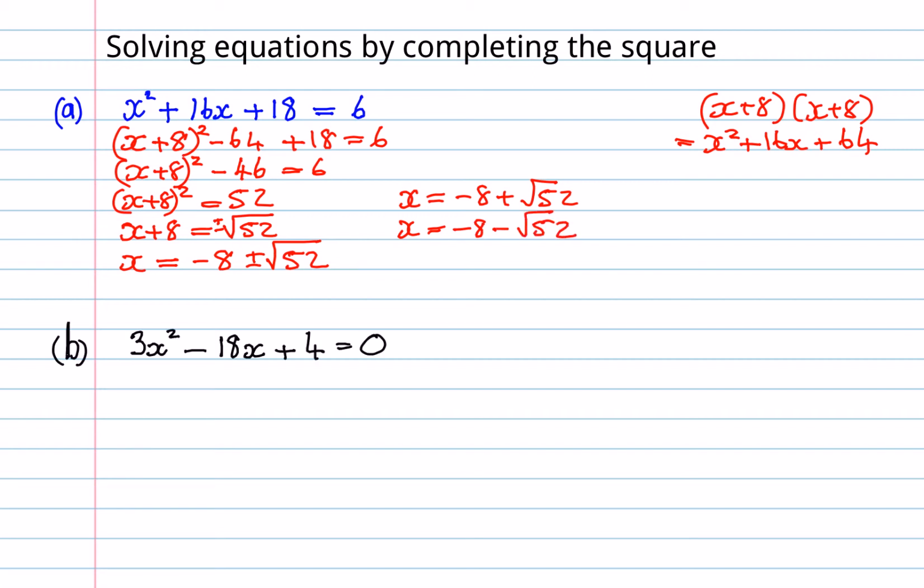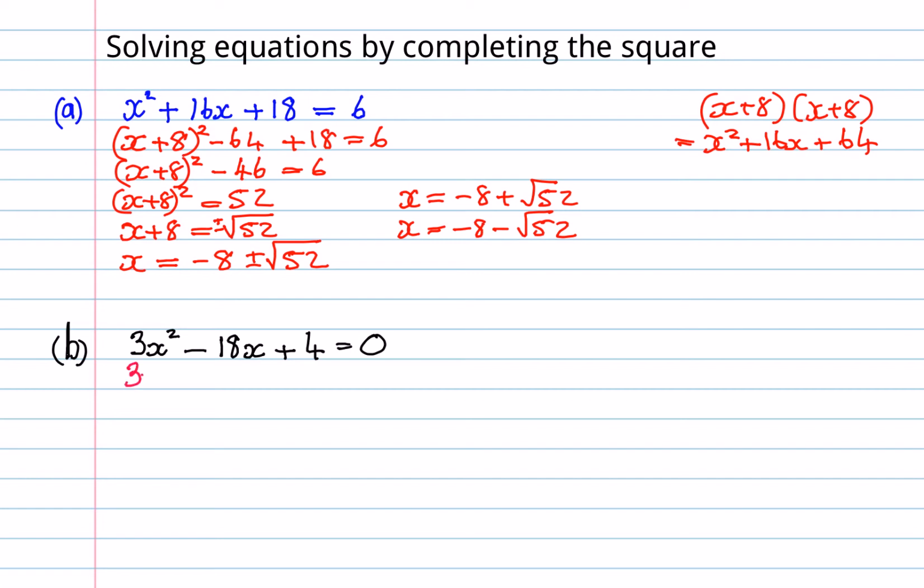Here we have another question where we have to solve the equation by completing the square. Now this question is slightly different to the previous one, as we have 3x squared instead of just x squared. The first step of solving this by completing the square method is to bring the number over to the other side of the equal sign.